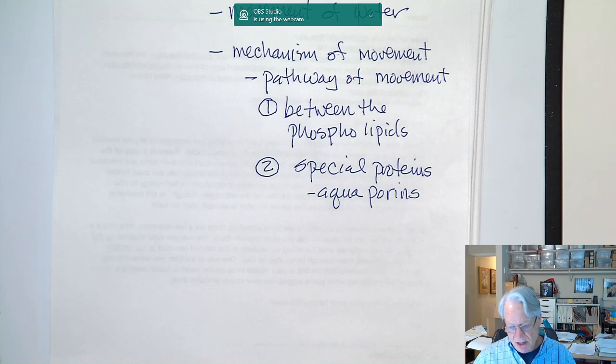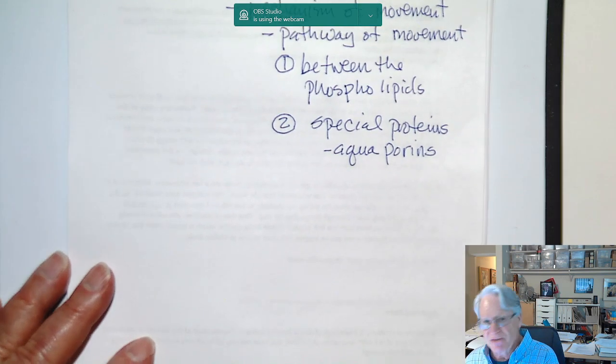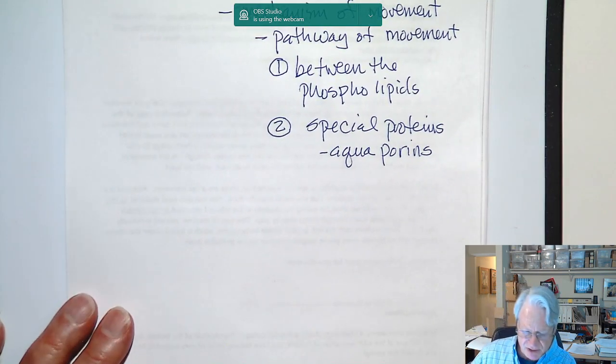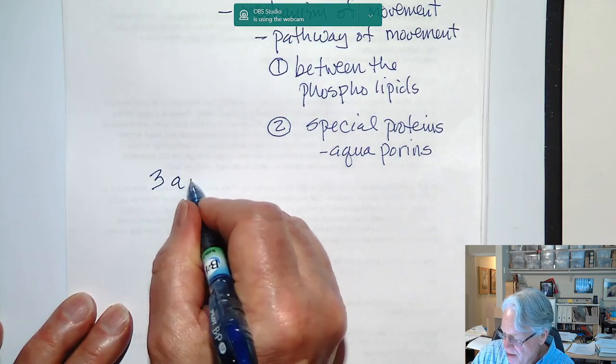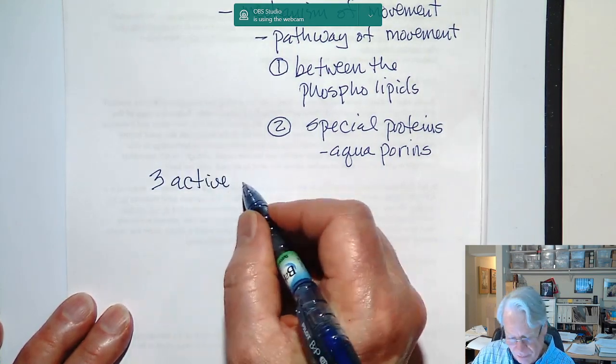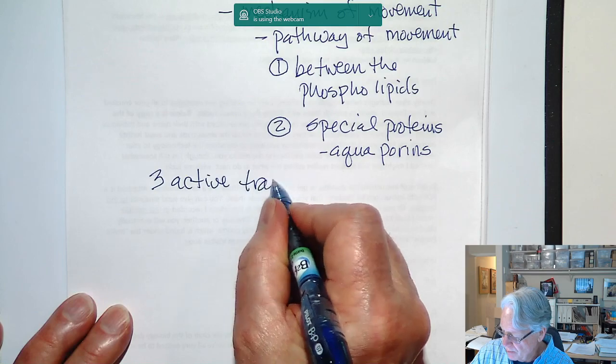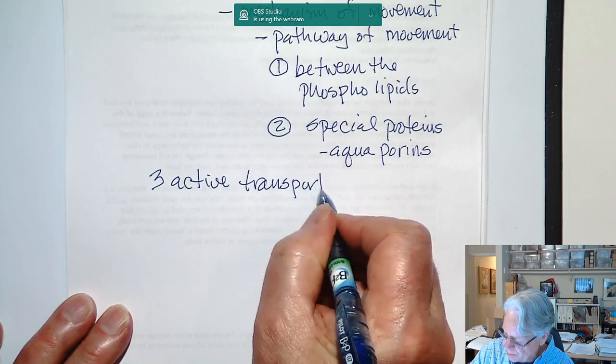Okay. All right, so those are all three ways in which passive movement occurs across the cell membrane. There are also three active transport processes.